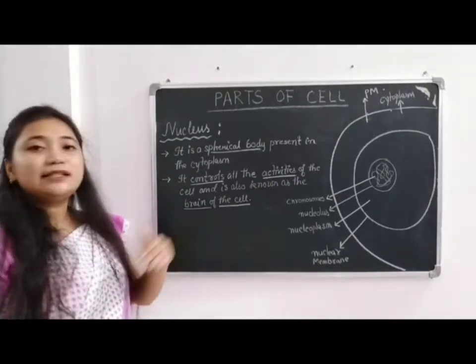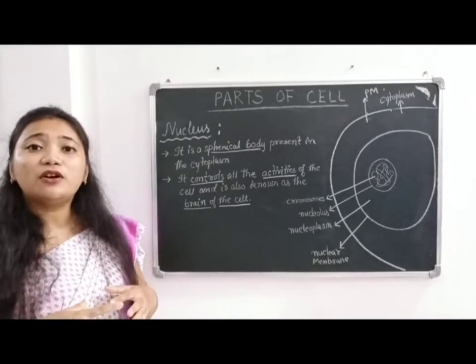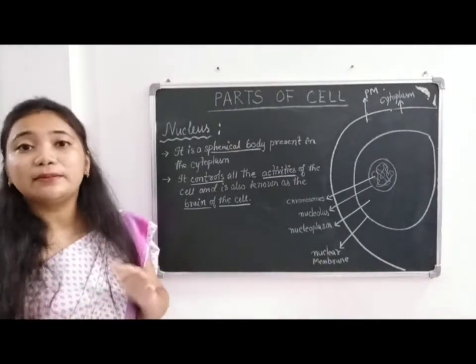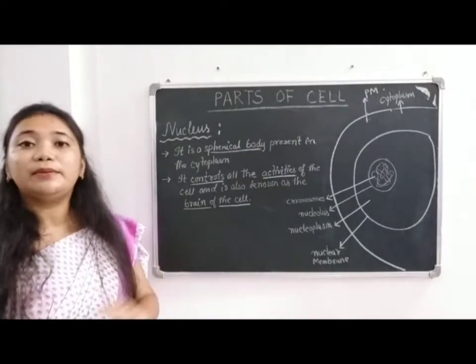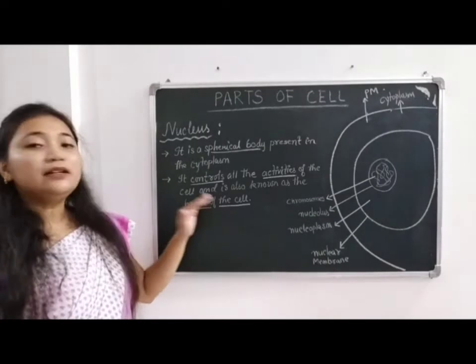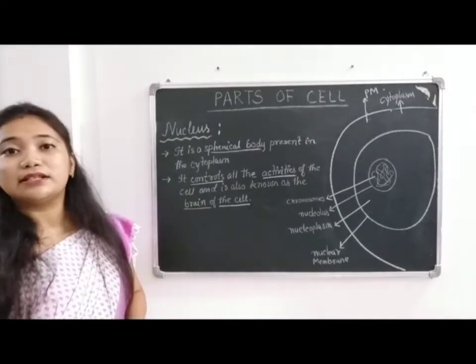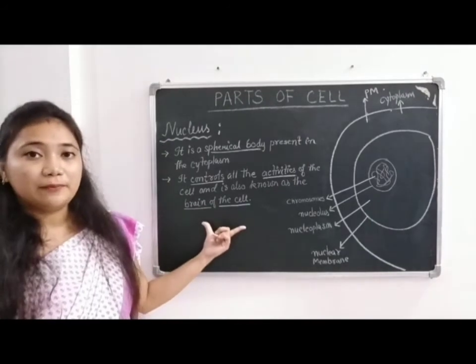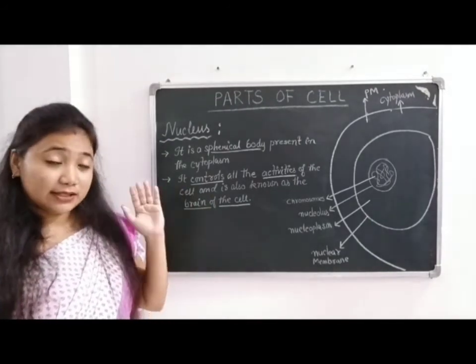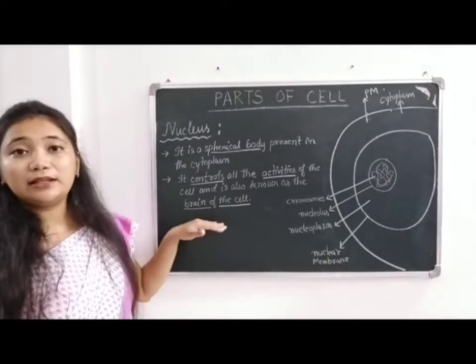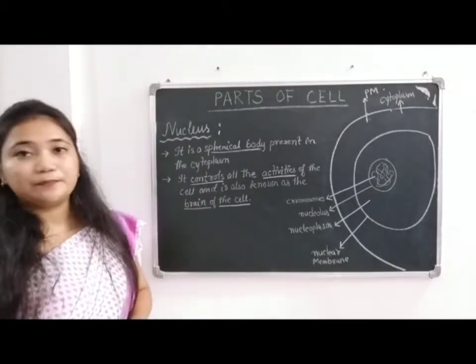So inside the cell, the same function of instructing, of doing something, how it will be done, when it will be done, who will do it, everything is controlled by the nucleus, and that is the reason that the nucleus is called the brain of the cell. The cytoplasm was the functional unit of the cell, and the brain will be the nucleus.